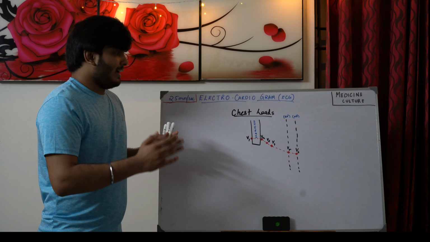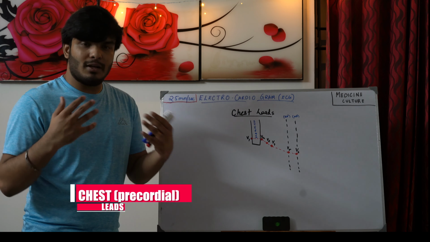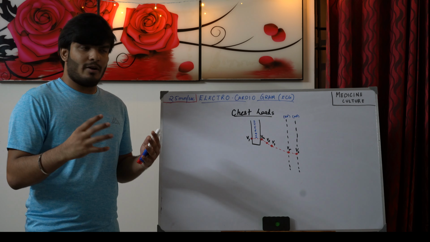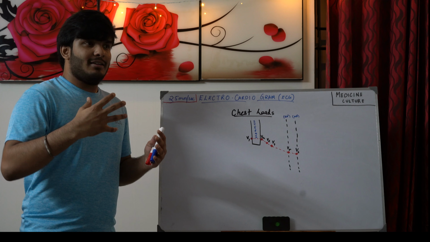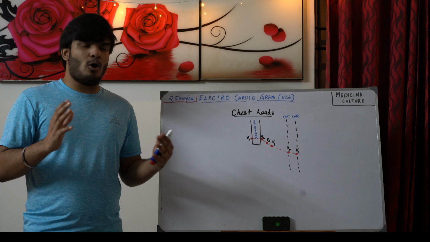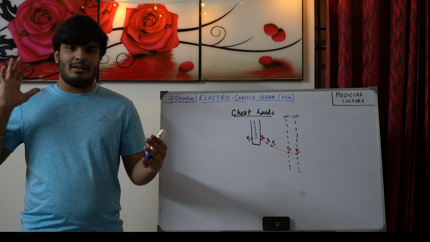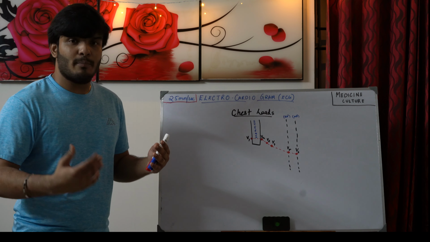So let's look at chest leads right now. Chest leads are also unipolar leads. What Einthoven needed is that we looked at bipolar leads and we got a 3D image also with augmented leads, but we didn't see the anterior aspect. He wants to look at the heart from the anterior aspect. In augmented leads we saw the heart from the left side, from the right side, then from inferior, from below.